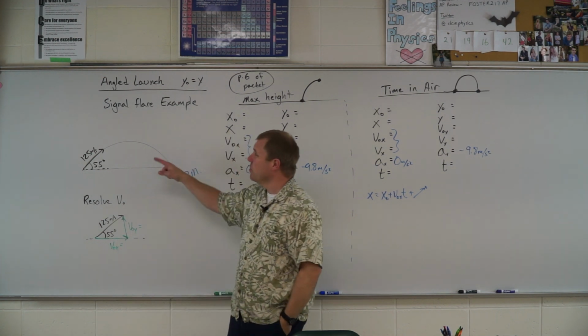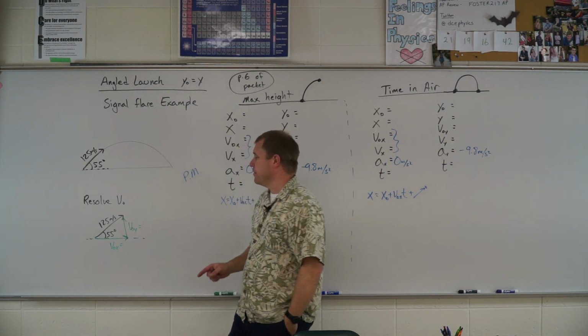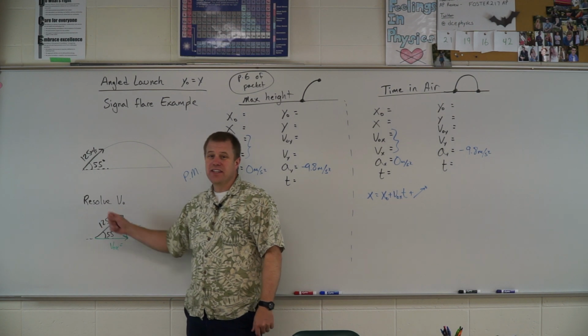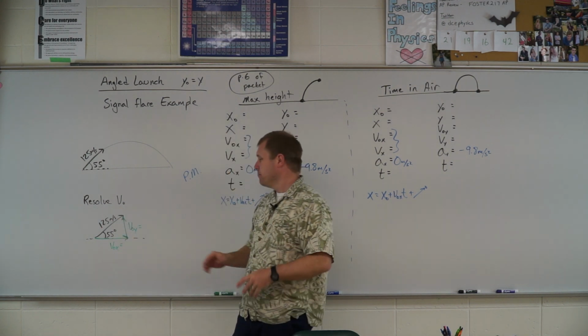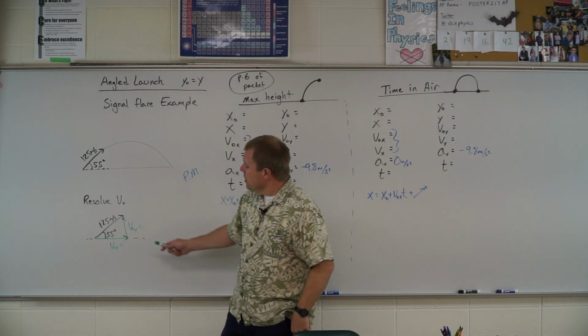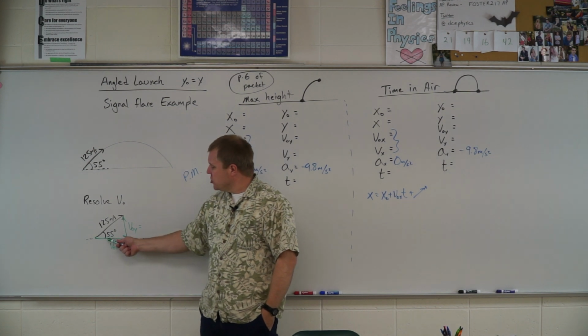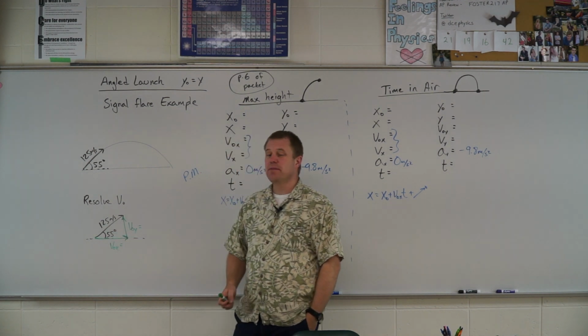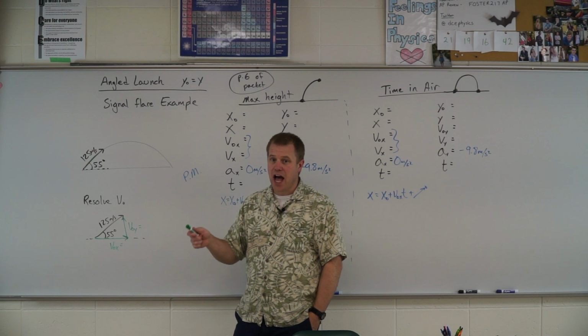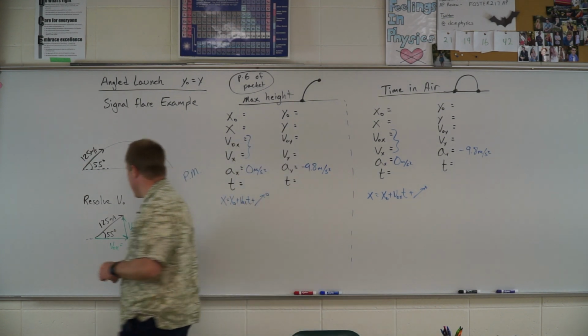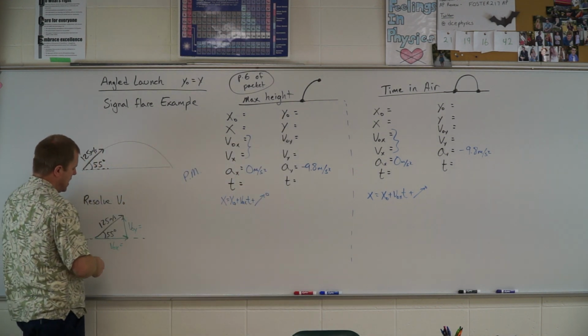Now the next thing I know is this is an angled launch problem, which means I need to resolve the initial velocity into its components. So let's go ahead and do that. This side down here, adjacent to the angle, we're going to be using cosine, so CAH TOA, adjacent to the hypotenuse.